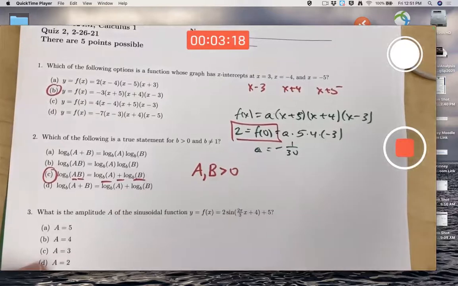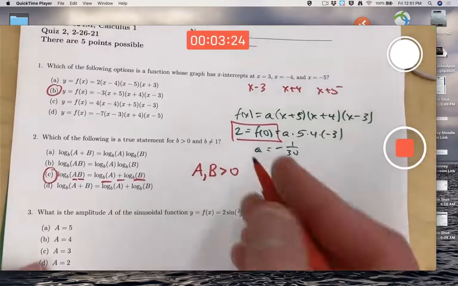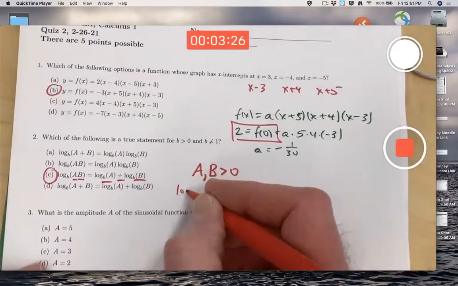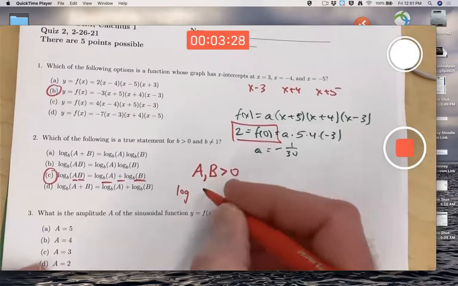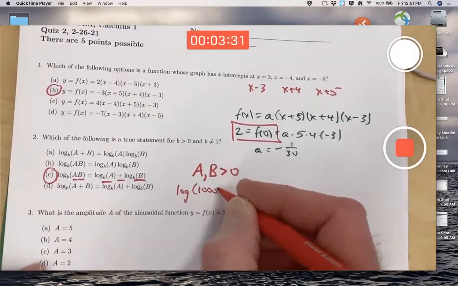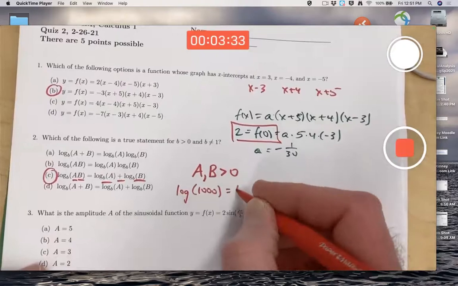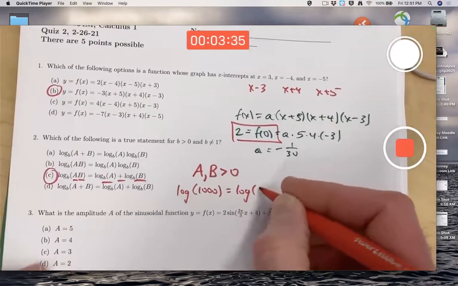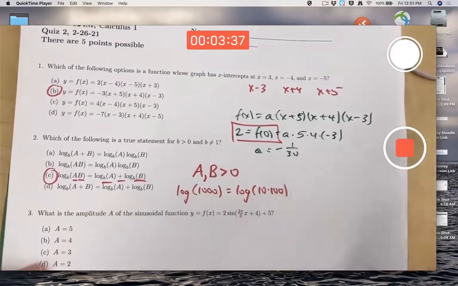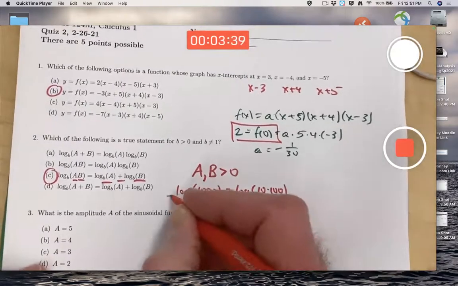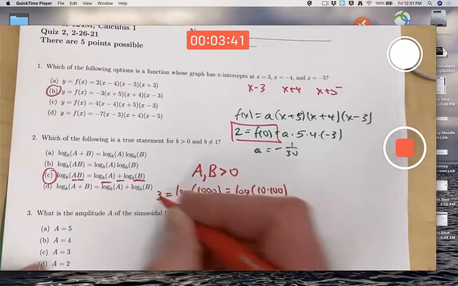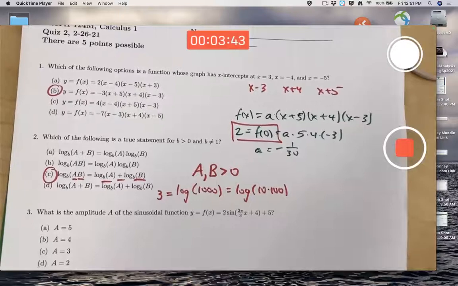Now, if that's not something that you remembered, you can figure it out by trying to consider examples. So for example, if you were thinking about log base 10 of 1,000, well, 1,000 is 10 times 100. Log base 10 of 1,000 is what? It's 3, because 10 to the third power is 1,000.